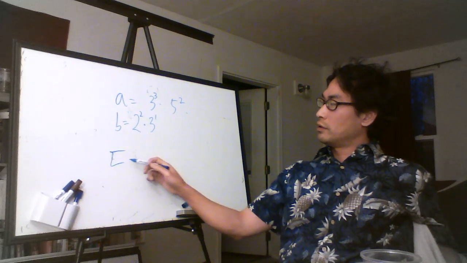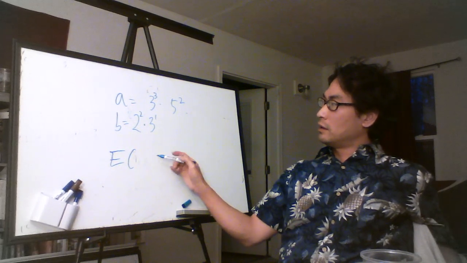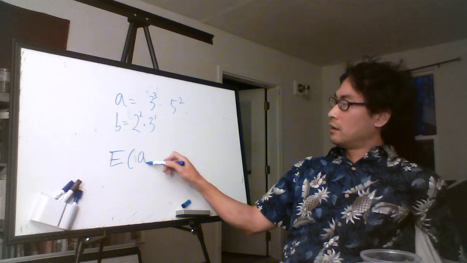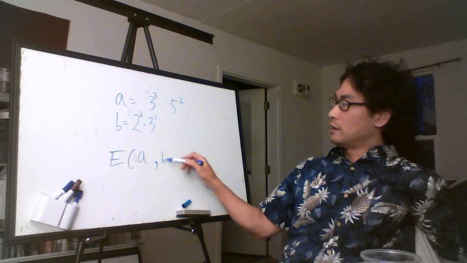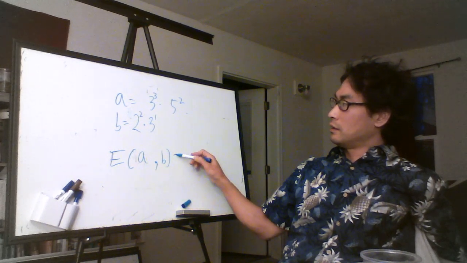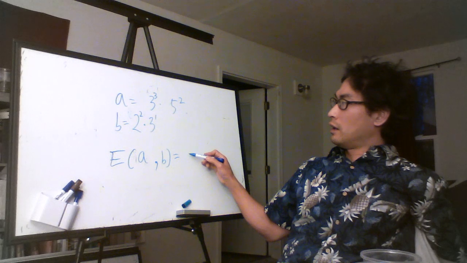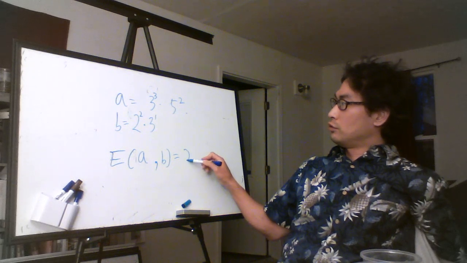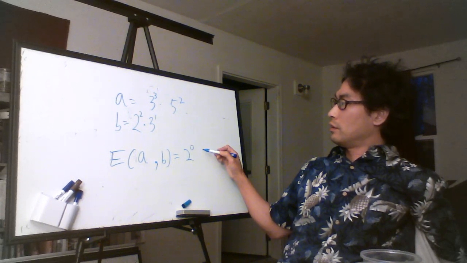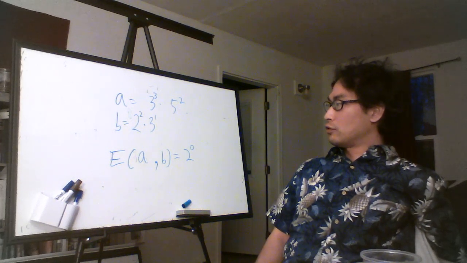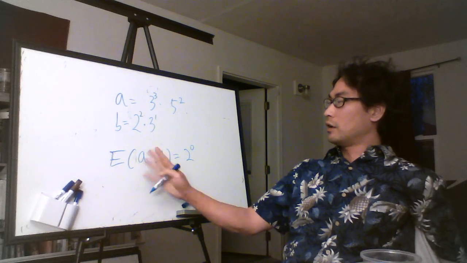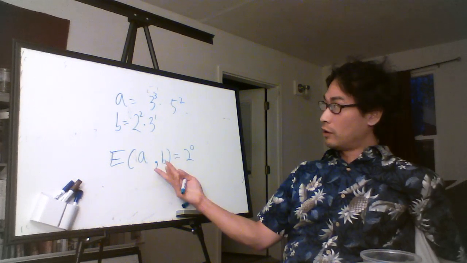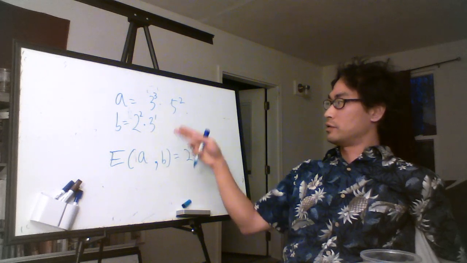Expansion function: we are expanding A to match B. Actually, we make it commutative. We're going to include all the prime numbers out there.